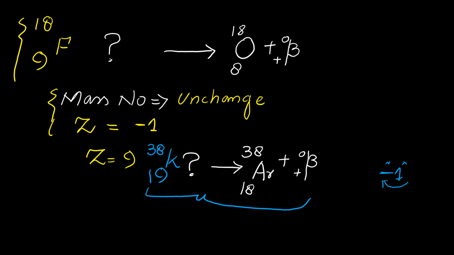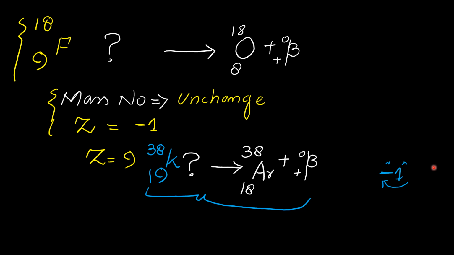So now, dear student, let us conclude positron decay. Positron decay is a type of beta decay in which a radioactive element having more protons than neutrons has a proton converted into a neutron.